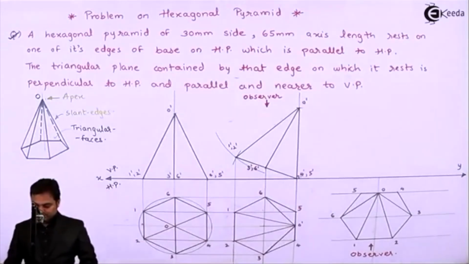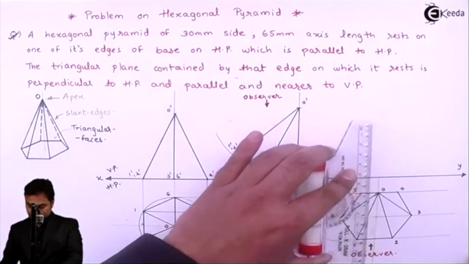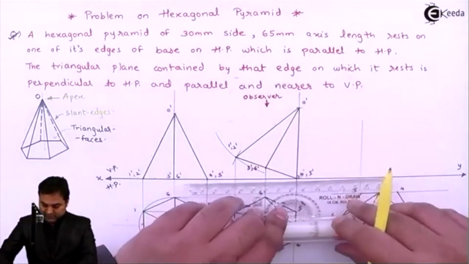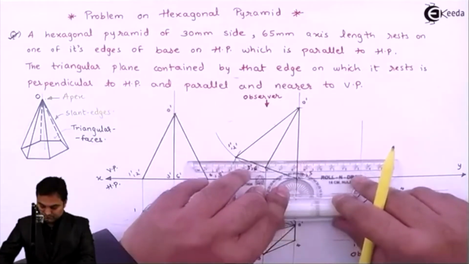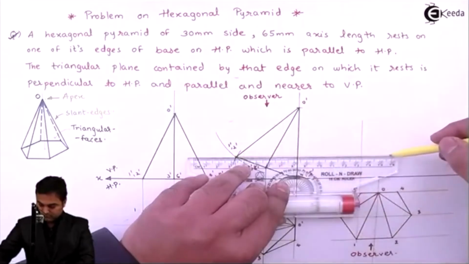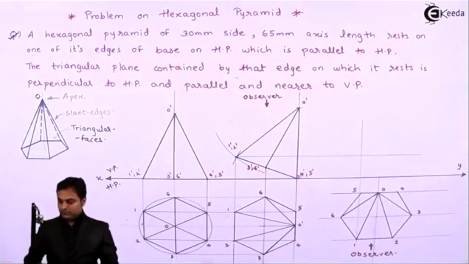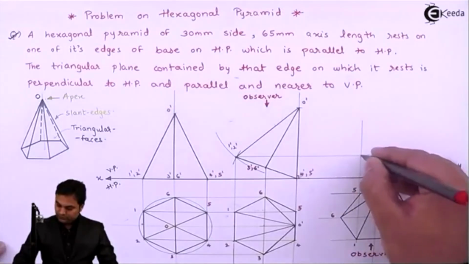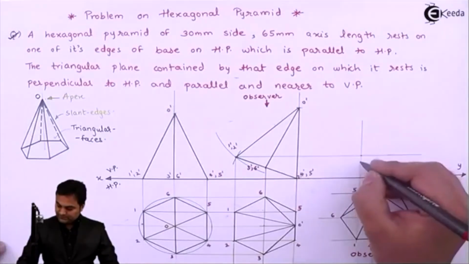Starting from point 1, and here 1 dash, so here I'll be getting point 1 double dash.